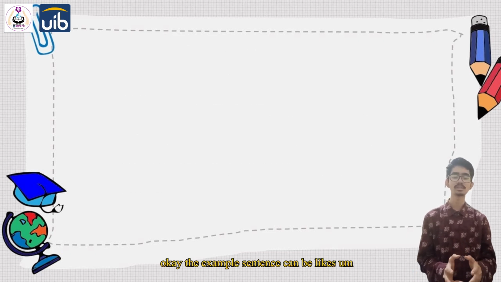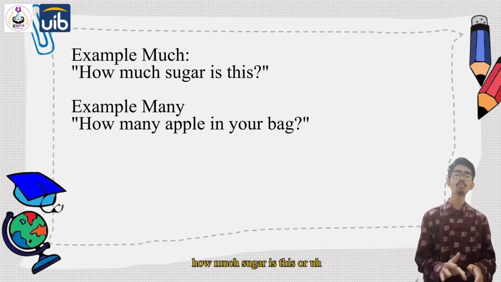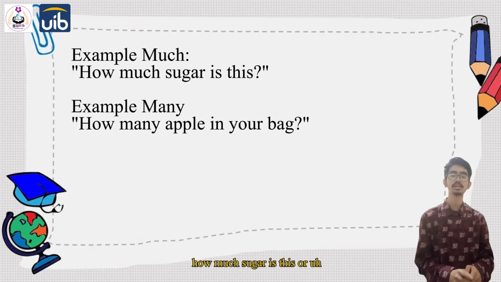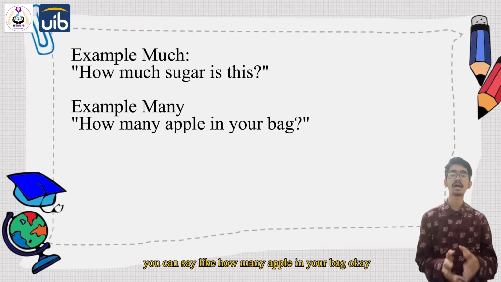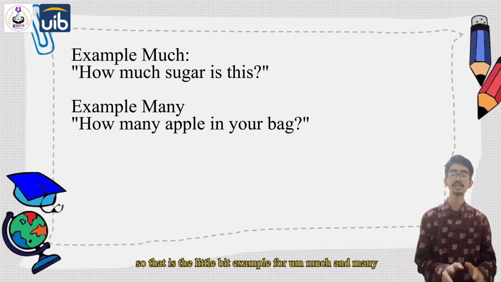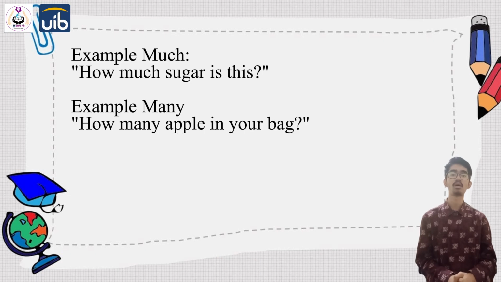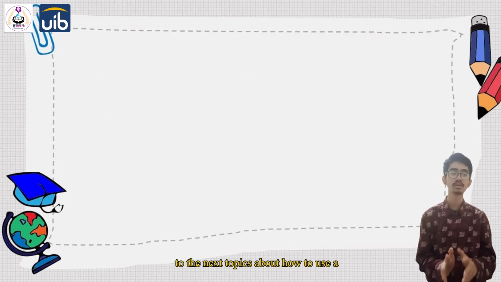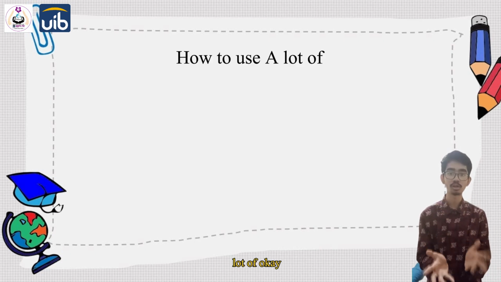The example sentence can be like, how much sugar is this? Or for many, you can say, how many apples are in your bag? That is a little example for much and many.